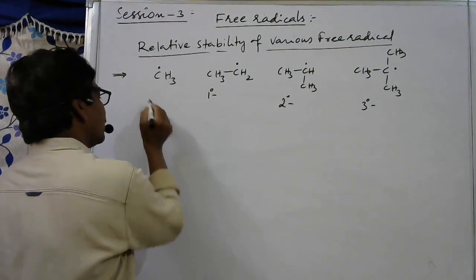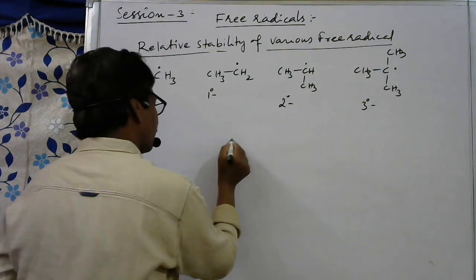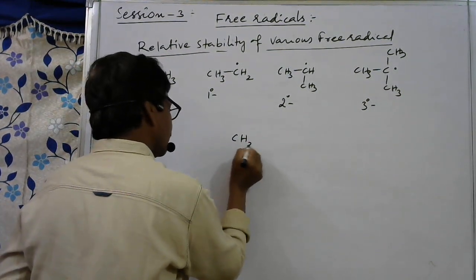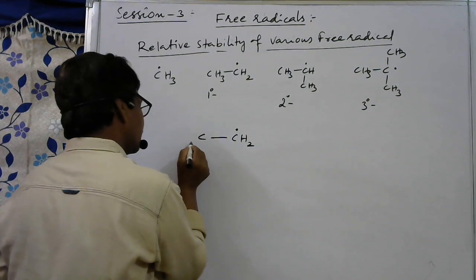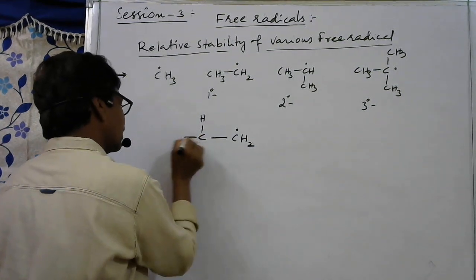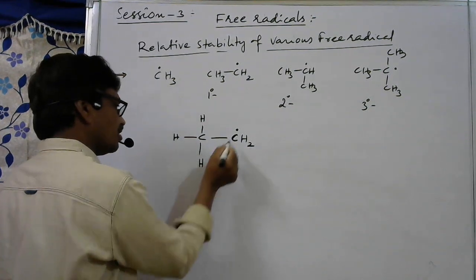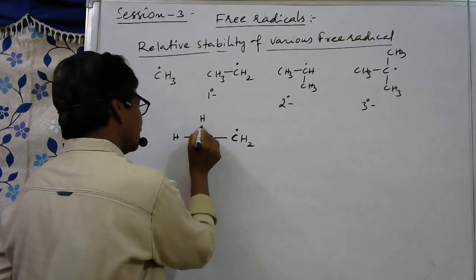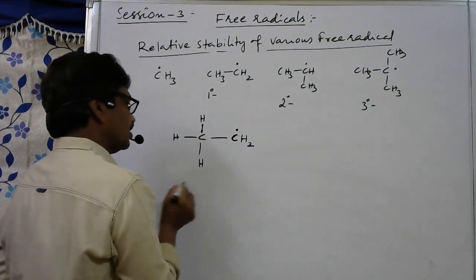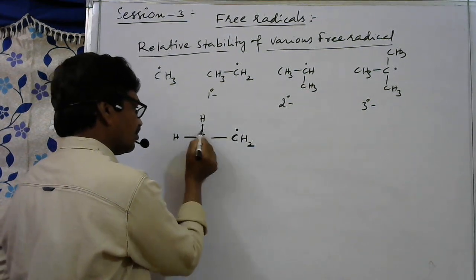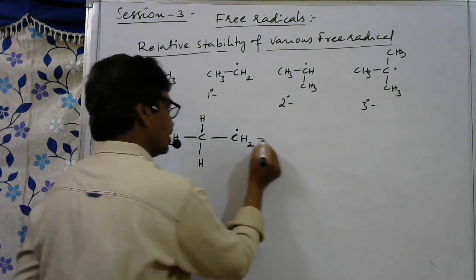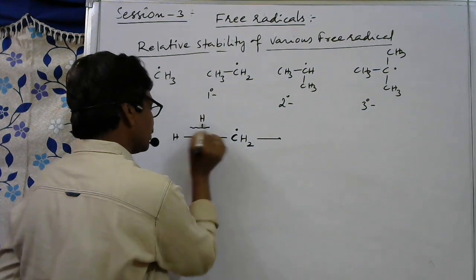See here, there is no hyperconjugation in the methyl radical, but here we can write hyperconjugation like this. Here CH2 dot, here CH3. 3 alpha hydrogens are present with respect to this reference carbon, the free radical carbon. Here 2 electrons are present. If this electron and this electron combine with each other, homolytic cleavage takes place here.